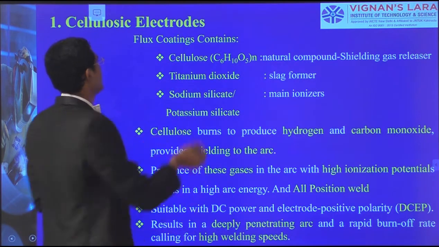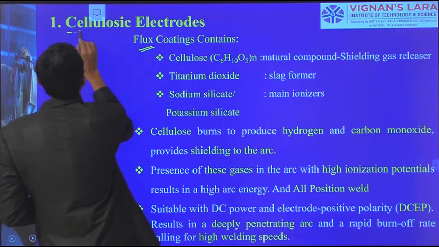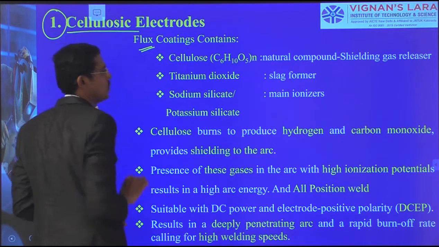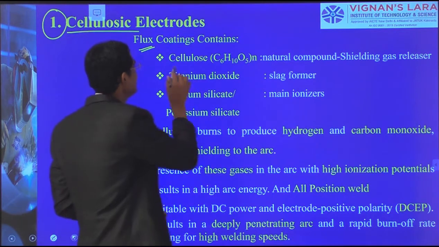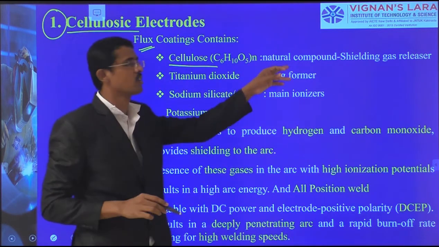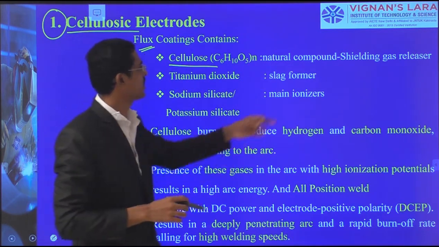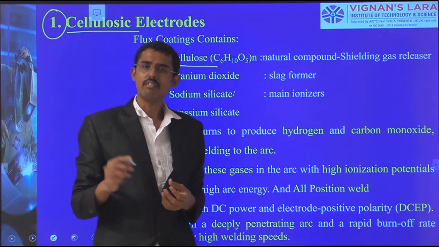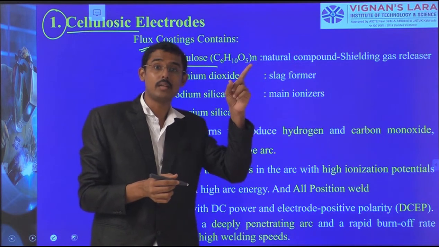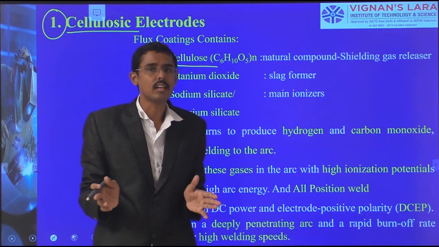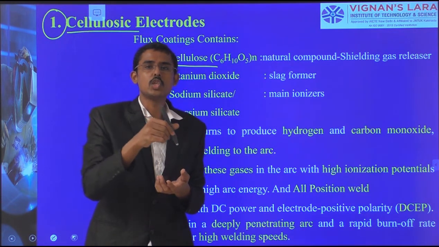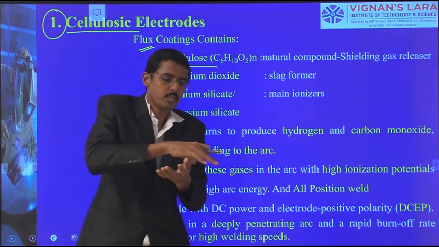The flux coating in the cellulose electrode, which I have taken as number 1, contains cellulose, a natural compound mainly used as a shielding gas releaser. We are not additionally supplying gas as in gas welding, where cylinders are used. The consumable electrode touching the work creates the shielding gas and protects the environment.